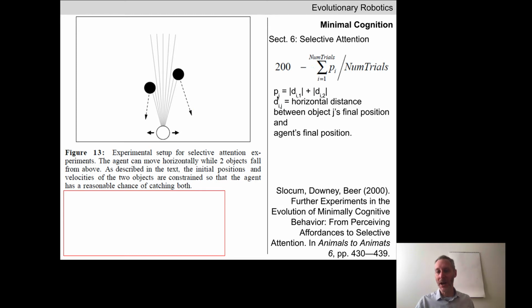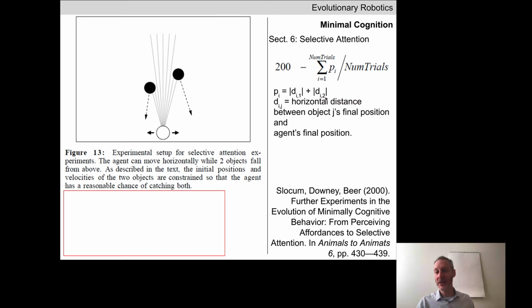What is P sub I? P sub I is the performance of the robot, and the performance is the sum of the distances between the robot when the first object hits the ground, D sub I 1. So what was the distance between the robot and object 1 when object 1 hit the ground during the ith trial?